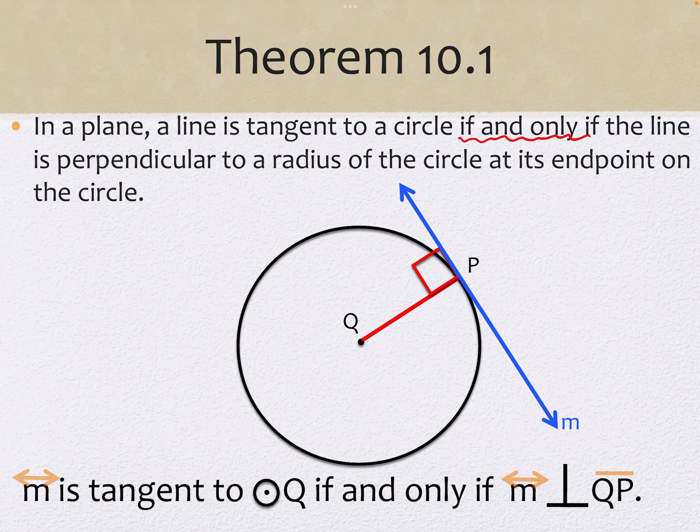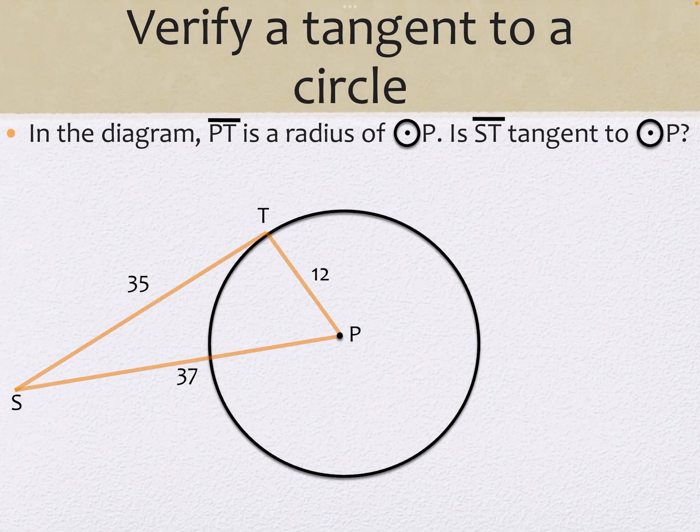Now vice versa. If I do know that is a tangent, then I can draw a radius to it, and it has to be perpendicular to it. That's why that if and only if is there. It means both things. Okay, so we have this blue line. It's tangent to circle Q because that radius is perpendicular to that blue line. And that's really important. You'll see why in a second.